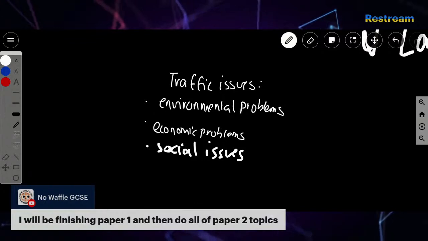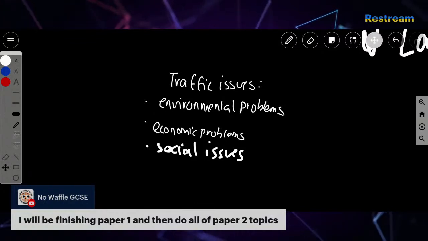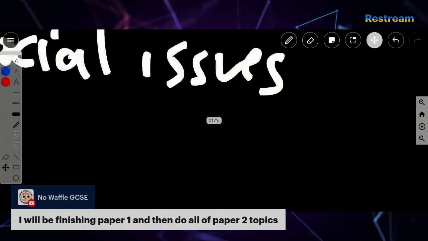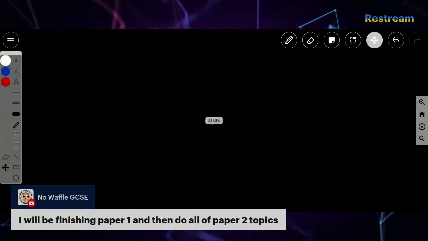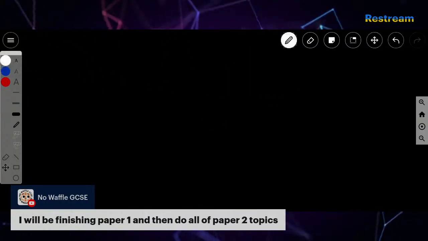So, how can we reduce the issues created by traffic congestion in urban areas? Well, number one, and it's probably the first thing that came to your mind, public transport.